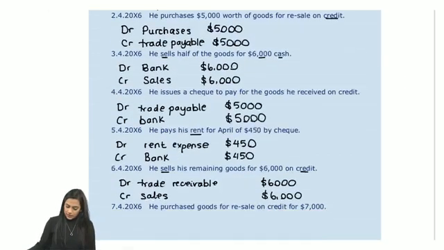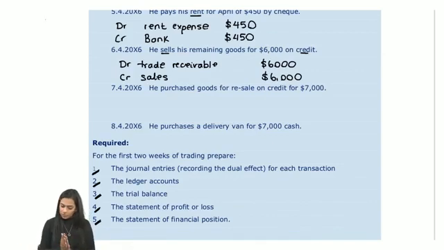Let's do another one here. On the 7th of April, he purchased goods for resale on credit for $7,000. Okay, if you buy goods for resale, this is known as a purchase, which is an expense, so your expense goes up, but you bought goods on credit, meaning you owe your supplier some money.